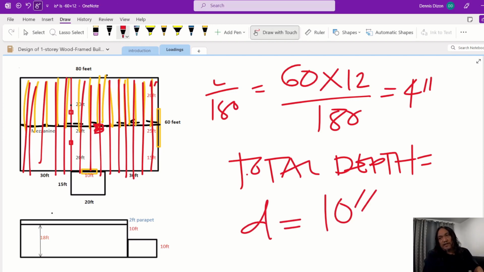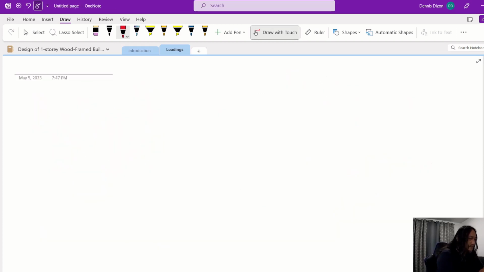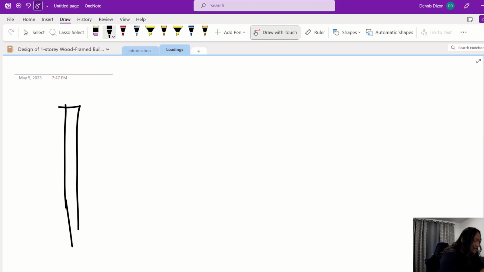So this is our maximum, or deepest possible, water height on the roof. So going back, or let's have another page. So from here, this is our roof.